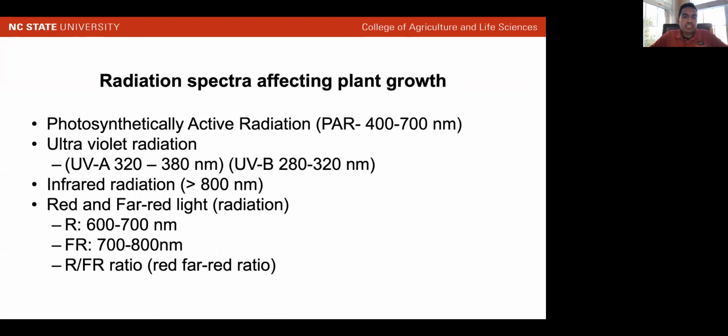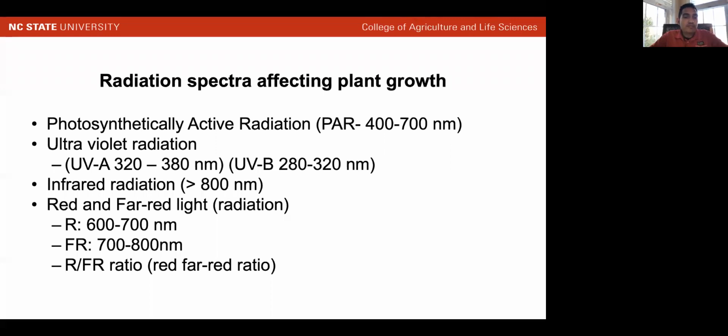UVA radiation is typically absorbed by the same photoreceptors as blue radiation. UVB can also be absorbed by the cryptochrome photoreceptor in the blue, but it also has its own unique photoreceptor. Then you have infrared radiation, greater than 800 nanometers, which, generally speaking, is nothing but radiative heat.